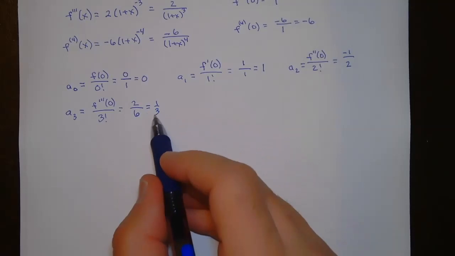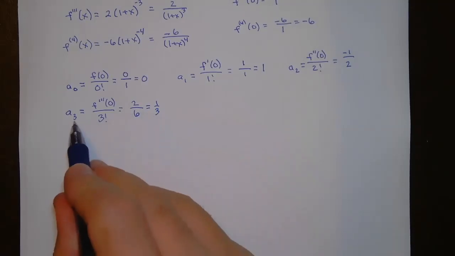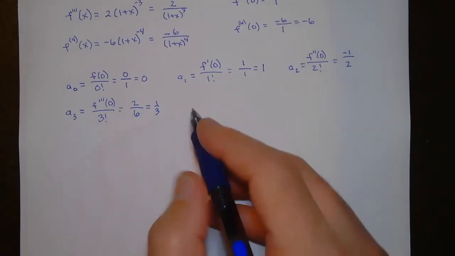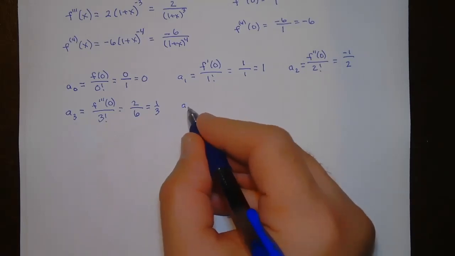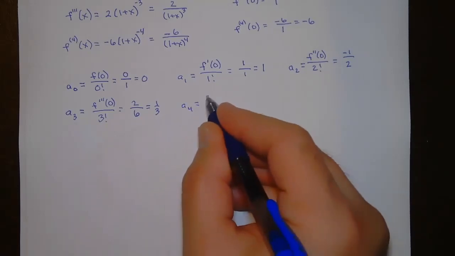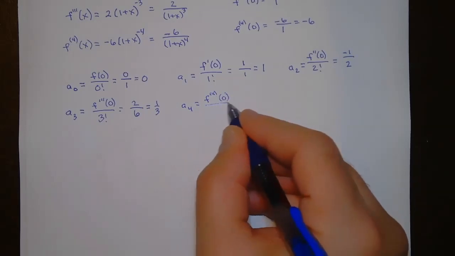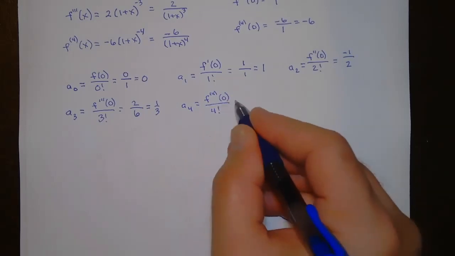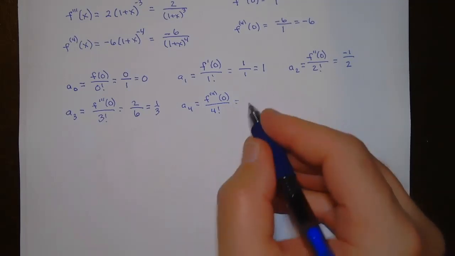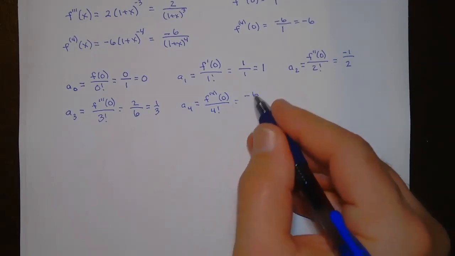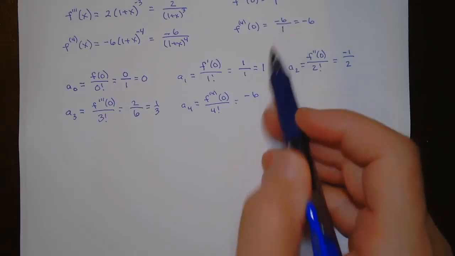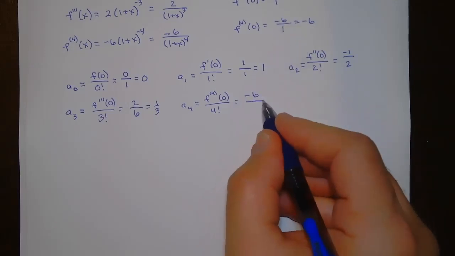Now, this is going to be the coefficient for our x cubed term. And then a sub 4. That'd be the fourth derivative at 0 divided by 4 factorial. The fourth derivative at 0 was -6, that's right here. So -6 over 4 factorial.